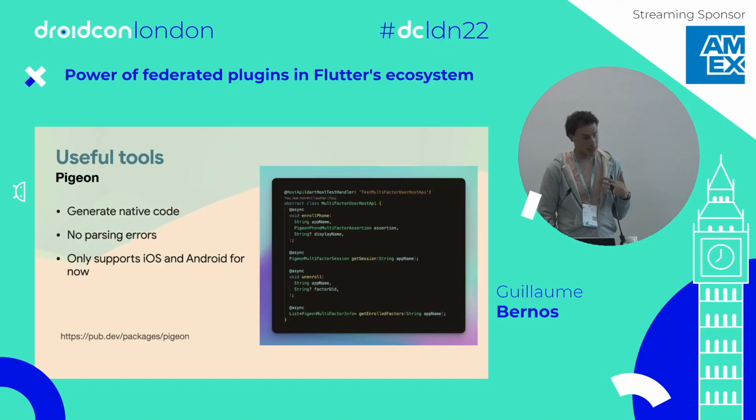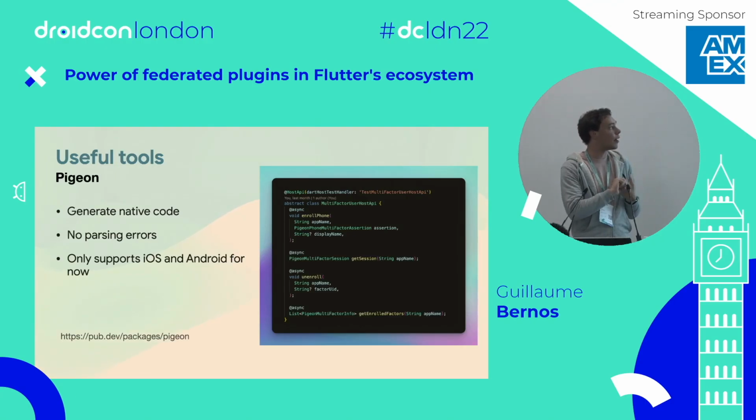The last tool is Pigeon. I'm a huge fan of Pigeon. Pigeon is basically a tool that helps you define your platform calls directly in Dart, and it will create all the calls and all the native files to parse this. When I was saying that you cannot send Dart objects to native, this is a way of going around that and sending Dart objects that will be parsed by Pigeon and passed on the native side also by Pigeon.